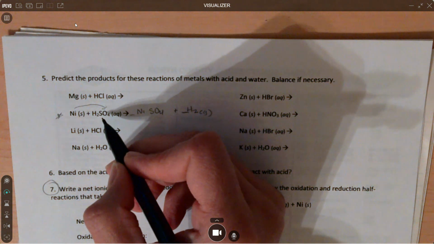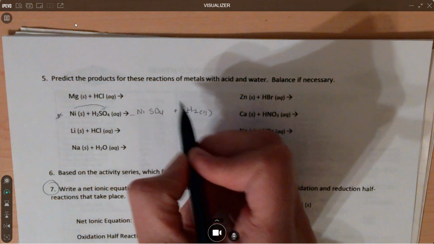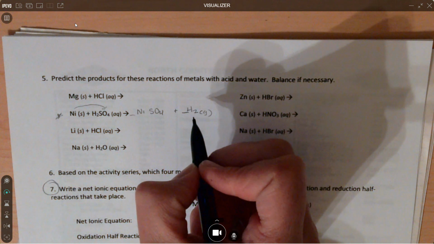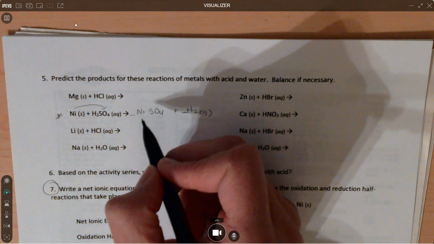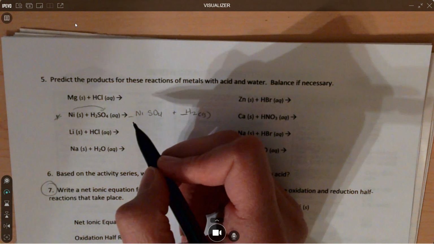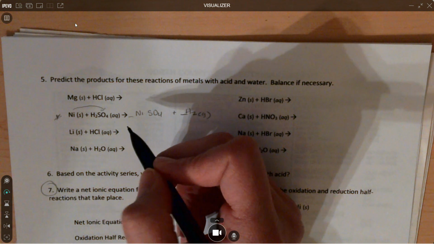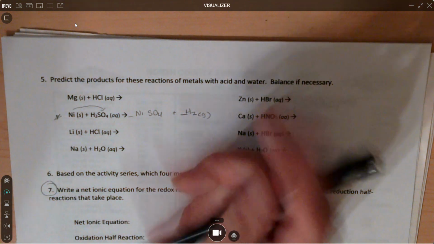Hydrosulfuric here is actually known as sulfuric acid, and acids produce hydrogen gas inside of their reactions. I left a little space here because I wanted to see if we needed to balance this out. However, nickel makes a +2 charge and sulfate makes a -2 charge.